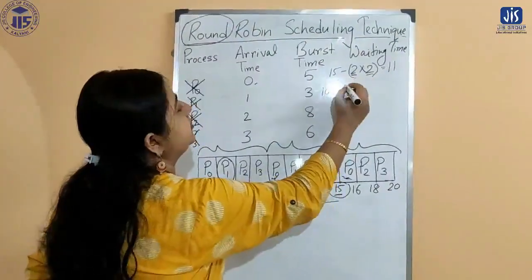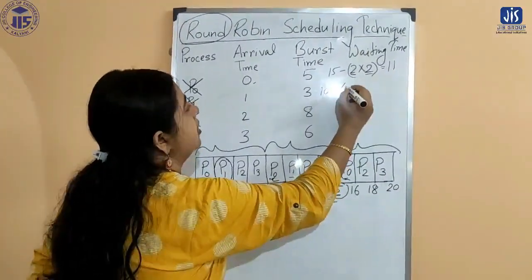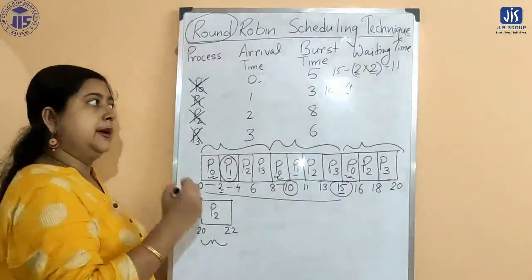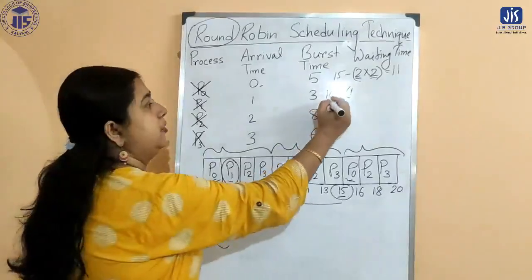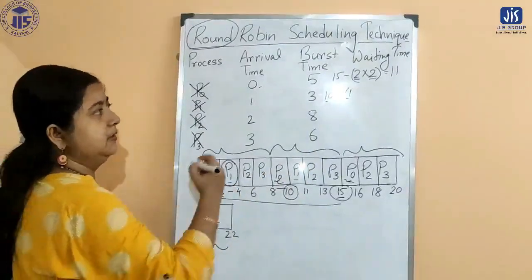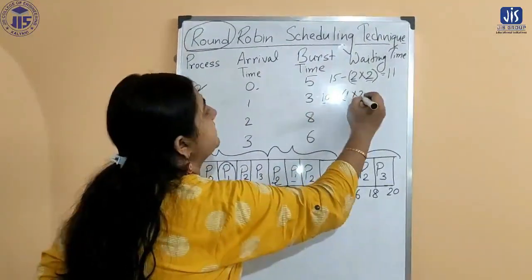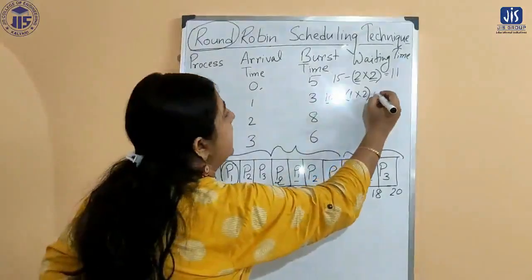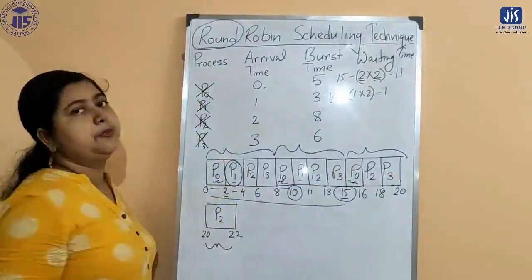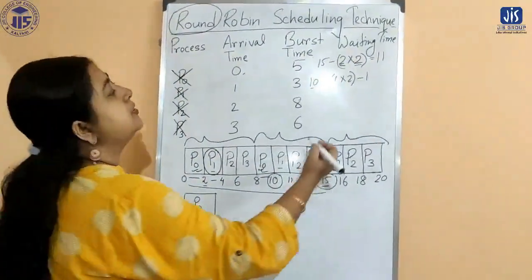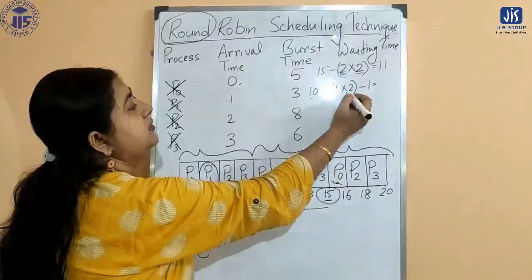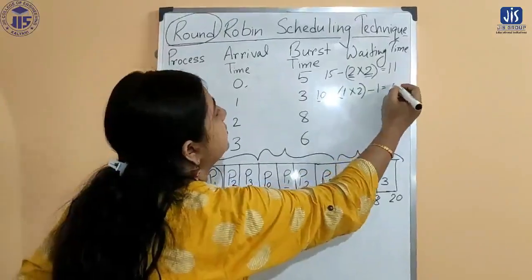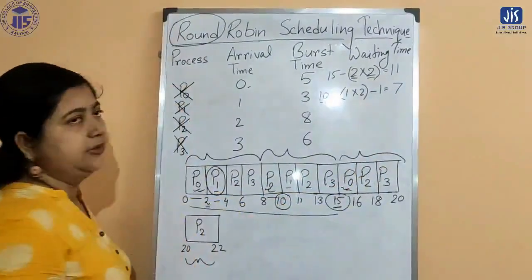According to our formula, 1 is the number of times P1 was executing before this time. So it is 1 into the time slice, and minus the arrival time of P1. What is the value of this? This is 2, plus 1, 3. So 10 minus 3, that is going to be 7.